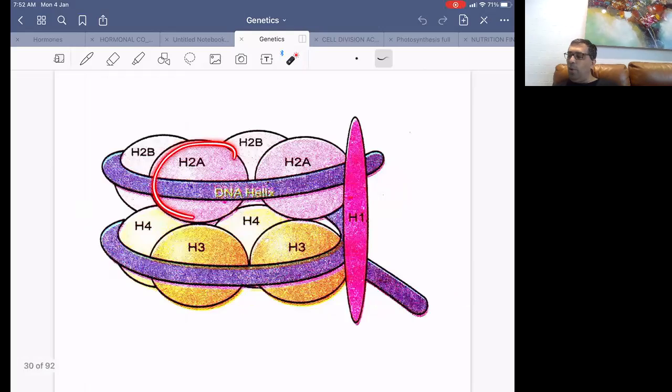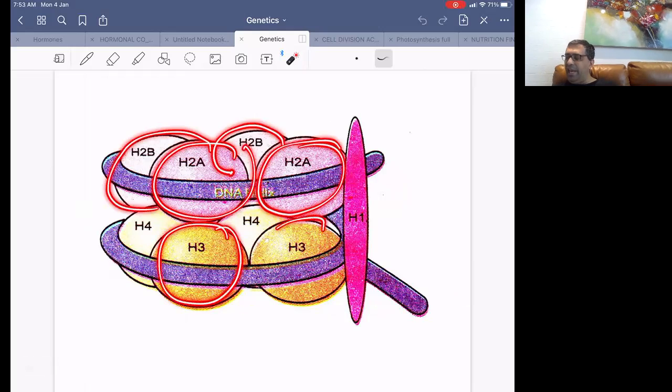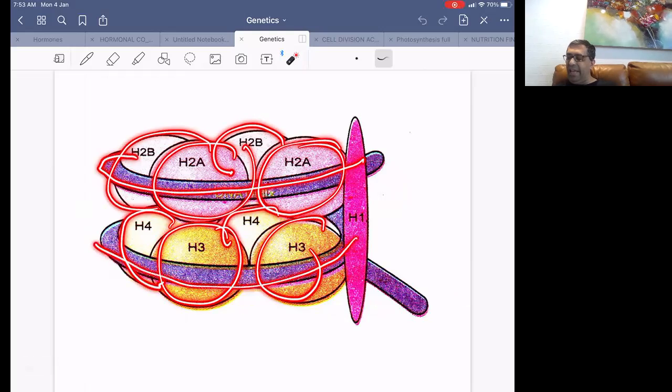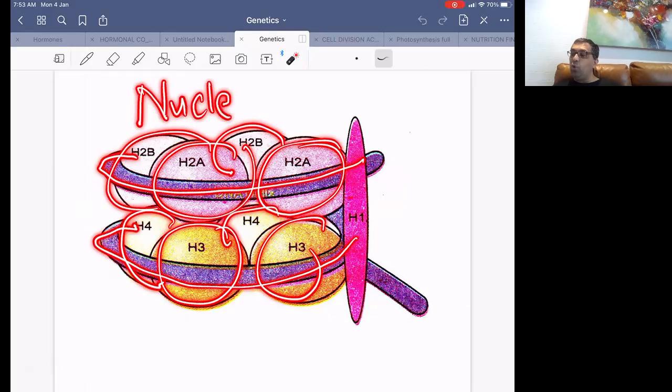तो सर ये दो H2A है, दो H2B है, दो H3 है, दो H4 है, उसके ऊपर 1/3 टर्न्स ऑफ DNA है, is called as one nucleosome. इसे एक न्यूक्लियोसोम कहते हैं.